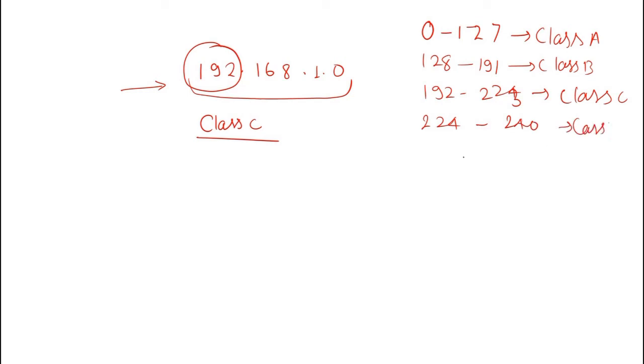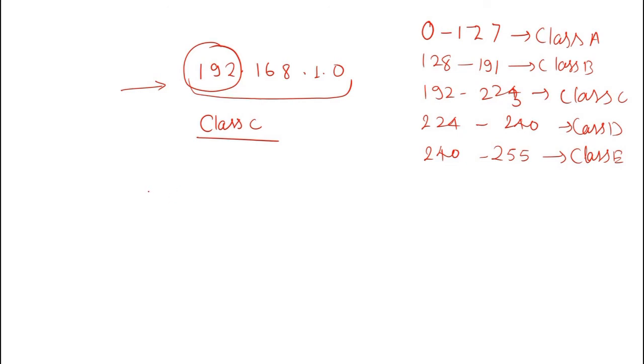Sir, you told me that according to the subnet mask we define the classes. Like previously, you told me 255.0.0.0 is a class A IP.